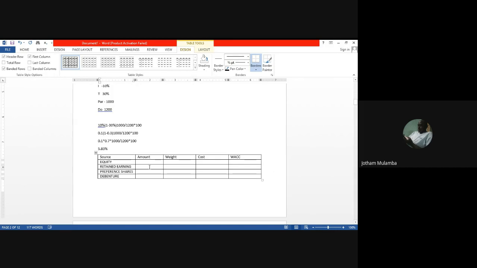So we fill in the amount. Now this is beautiful. Now we don't have to adjust. For this particular question, they had already given us the figures. So we fill in the figures as they are. Equity is 10 million. Then retained earnings 12 million.